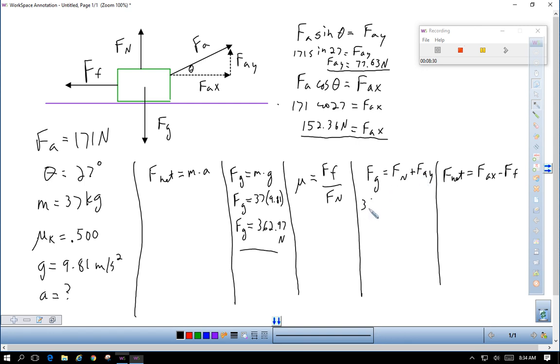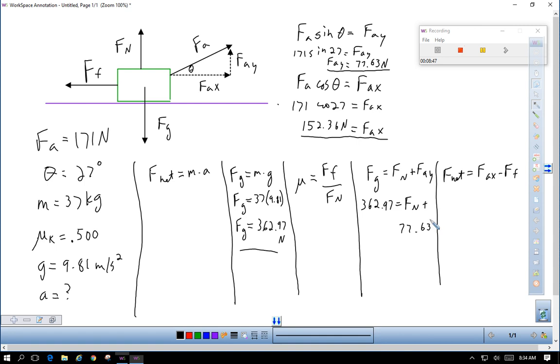362.97 equals Fn plus Fay, which is 77.63.